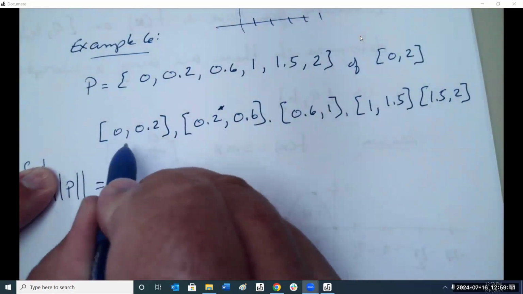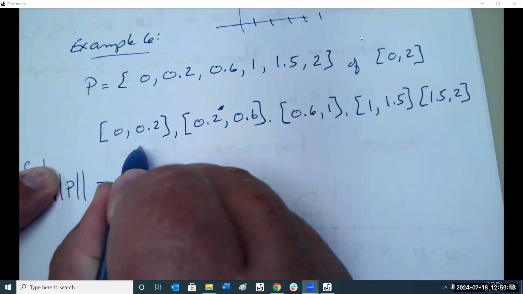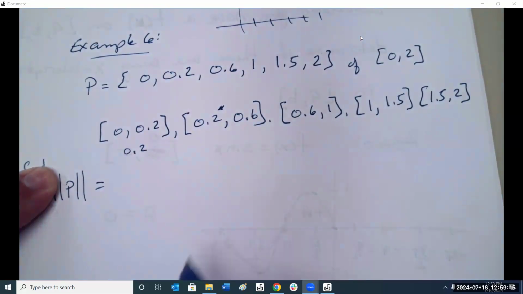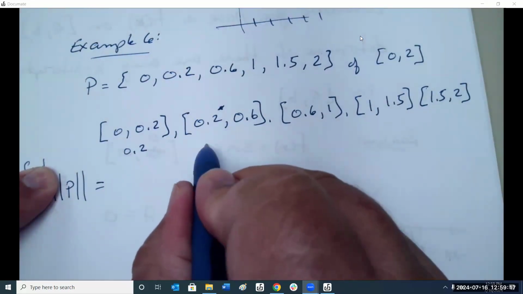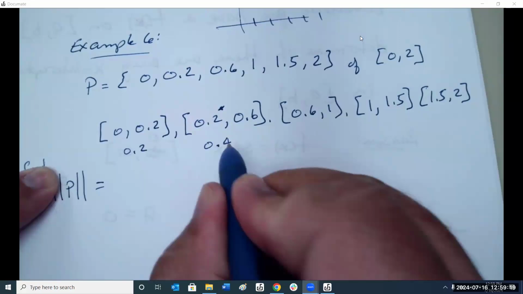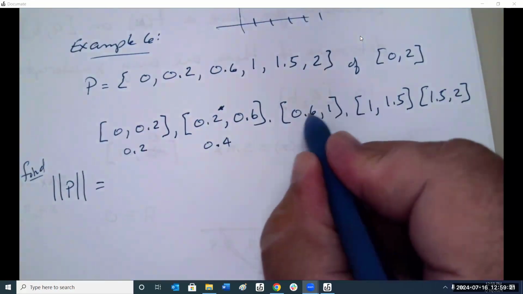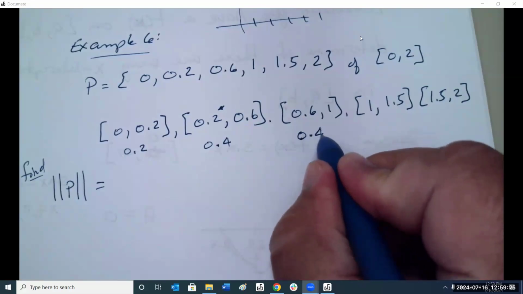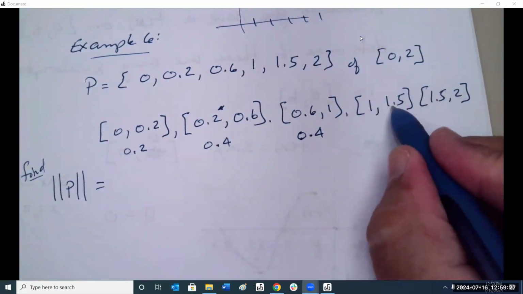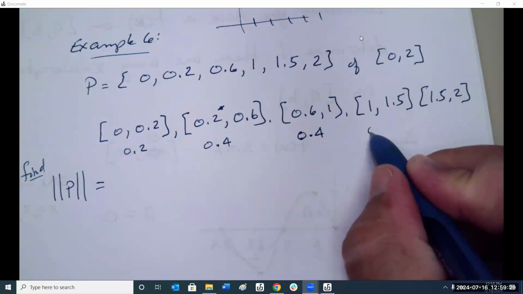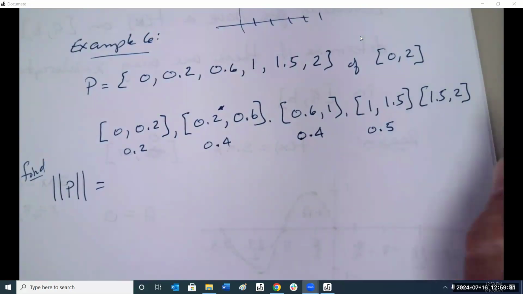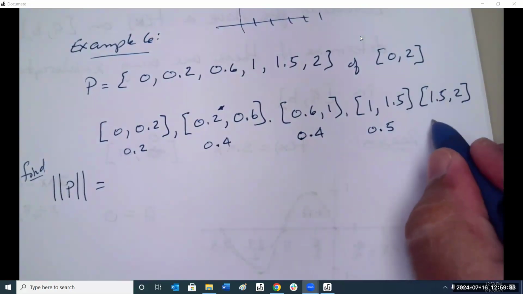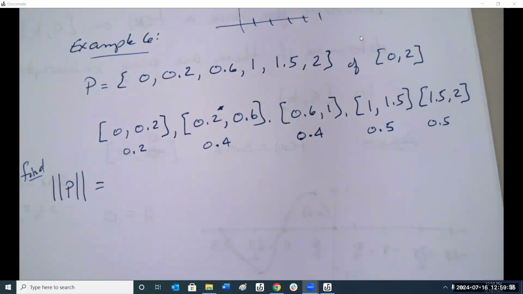So it's 0.2 minus 0, this one is 0.2 units long. 0.6 minus 0.2, that's 0.4. 1 minus 0.6, that's also 0.4. 1.5 minus 1 is 0.5. 2 minus 1.5 is 0.5.